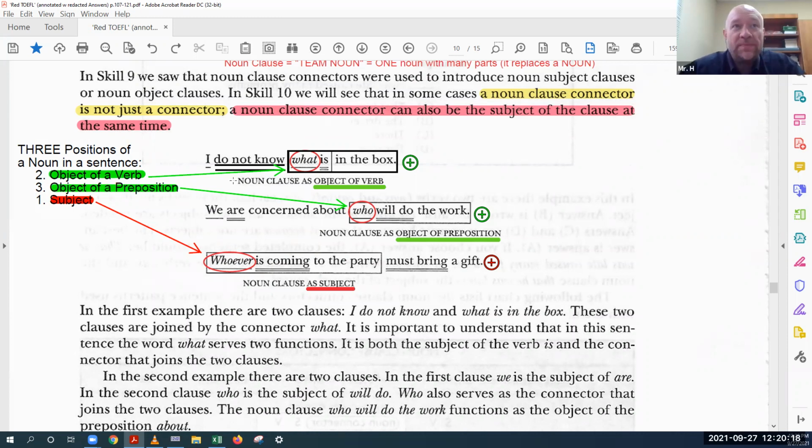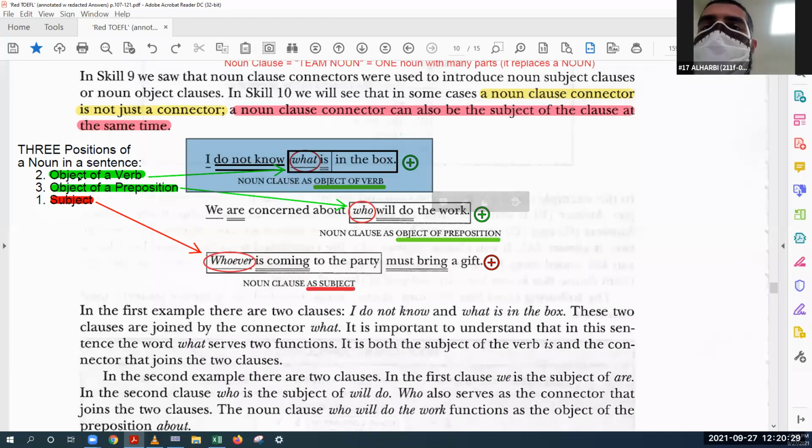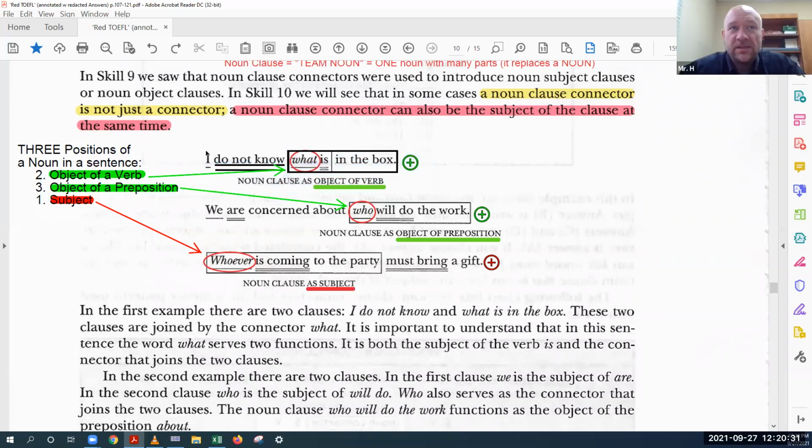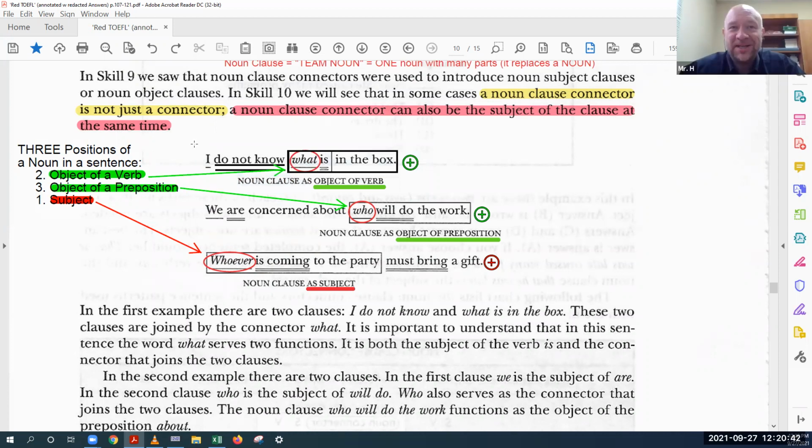So, Al-Harbi, which formula do we have here? Object of a verb. Formula 2. So read the example, please. I do not know what is in the box. Now, can you explain each part of this formula? This is the subject, let's call it the first subject, the main clause.